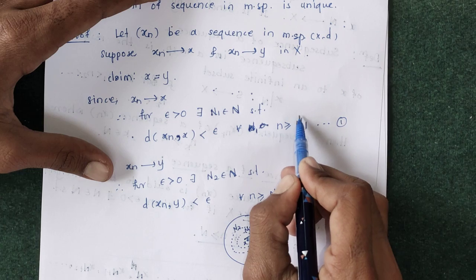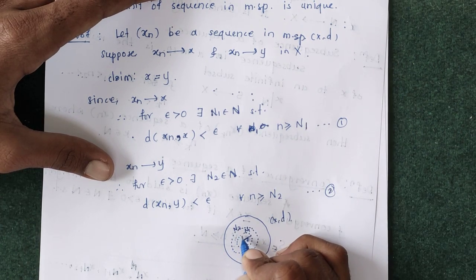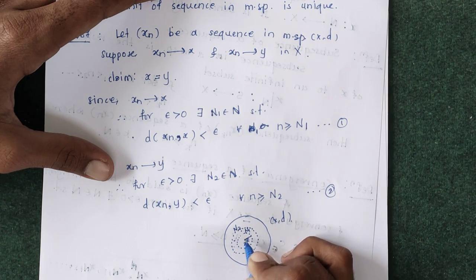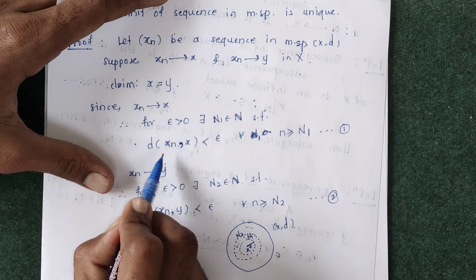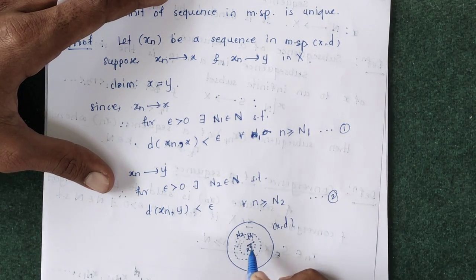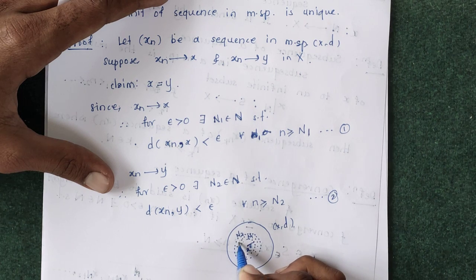If we choose the maximum between these two, n1 and n2, clearly xn is within epsilon of y if y is the center, and within epsilon of x if x is the center. There may be the possibility for the bigger open sphere that some elements here may be here.